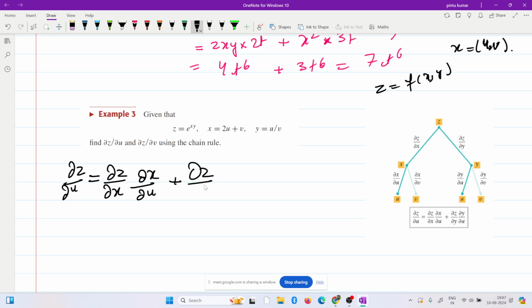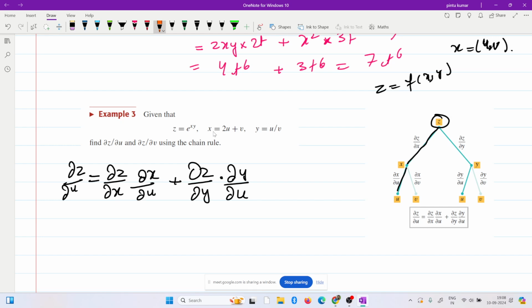Then again, you will have del z by del y into del y by del u. In calculating the partial derivative of z with respect to u, we sort of went backwards to x, then backwards to u. This is somehow the idea of back propagation. Whenever you do a machine learning course, you will appreciate this. Let's try to calculate these things.